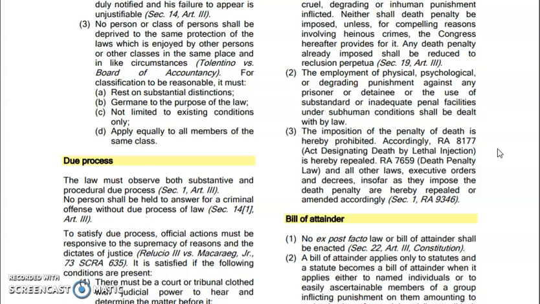So the certain examples of itong mga excessive, no, or unusual punishment would be yung mga degrading or inhumane penalties or punishments. Yung kaya nga inano din natin, no, yung sa death penalty.